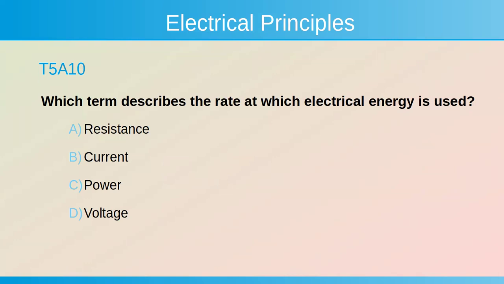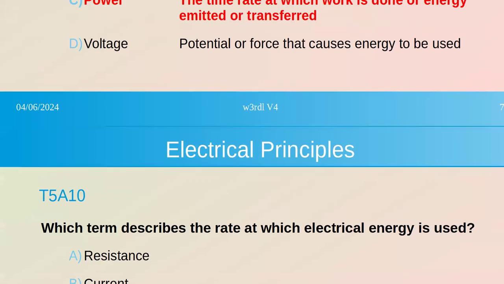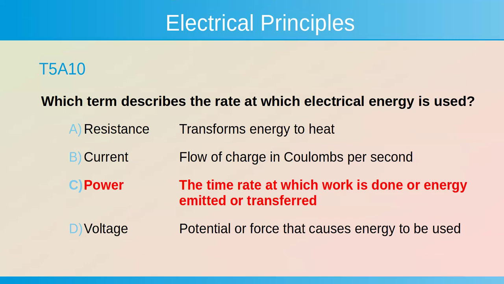Which term describes the rate at which electrical energy is used? Charlie. Defined as the time rate at which work is done or energy emitted or transferred.